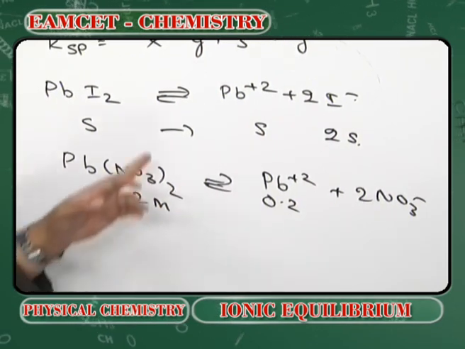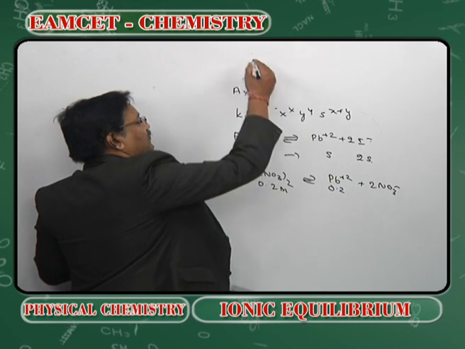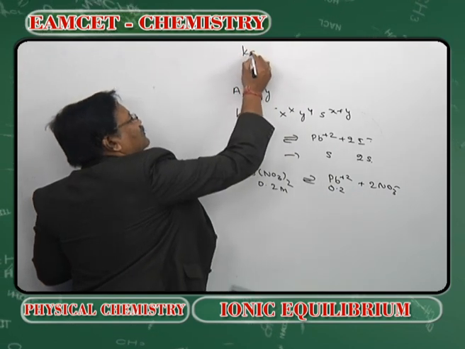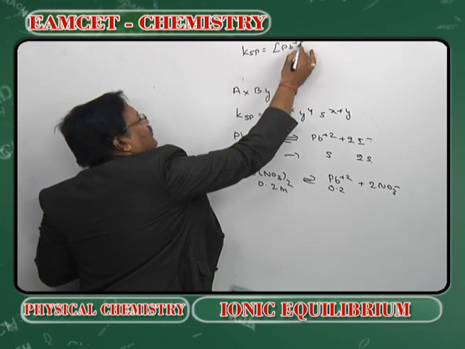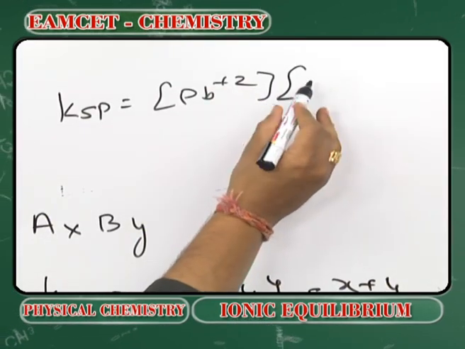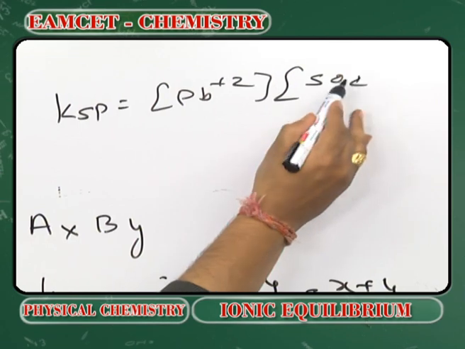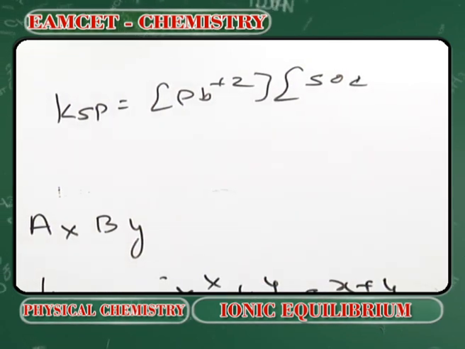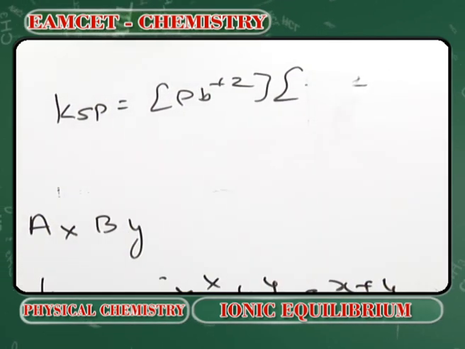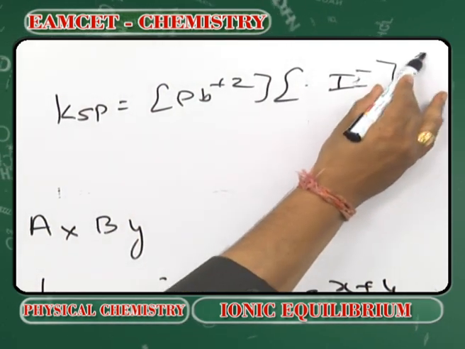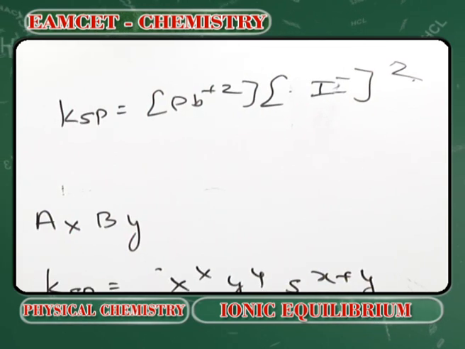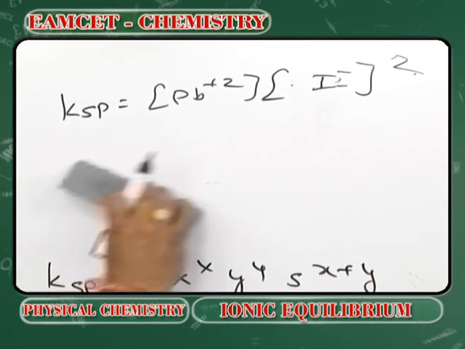Now what is the expression for Ksp? Ksp is equal to the Pb2+ concentration into the I- concentration whole square.